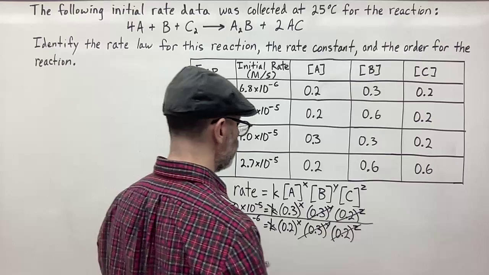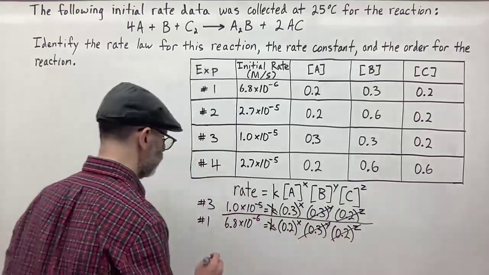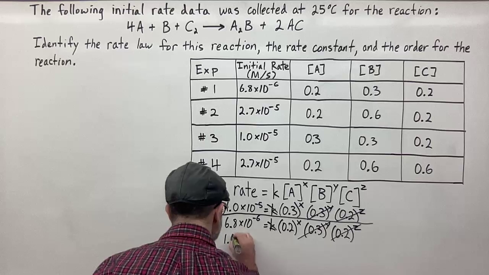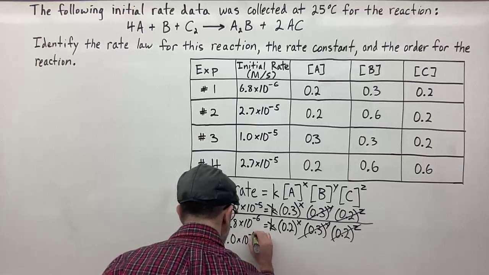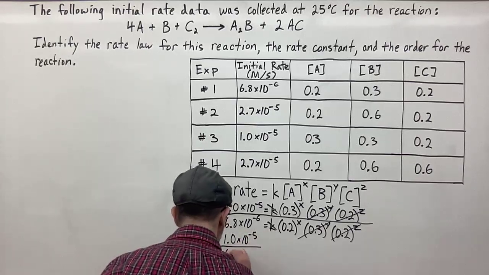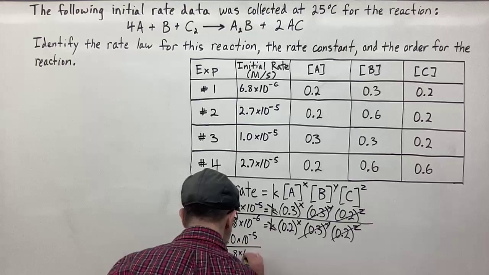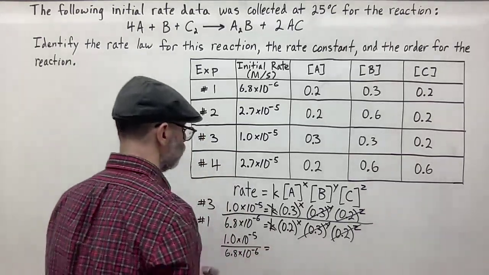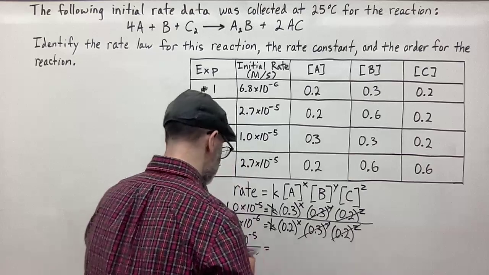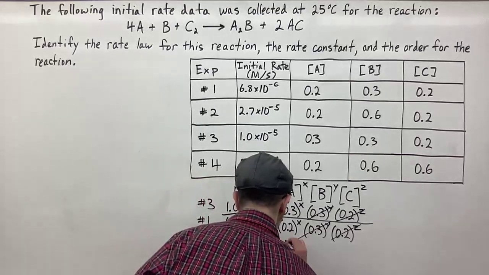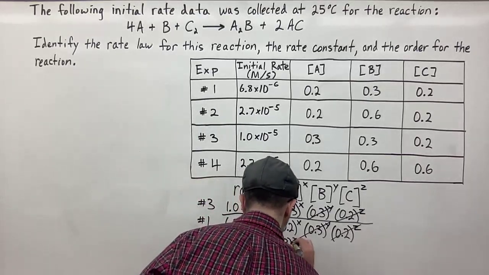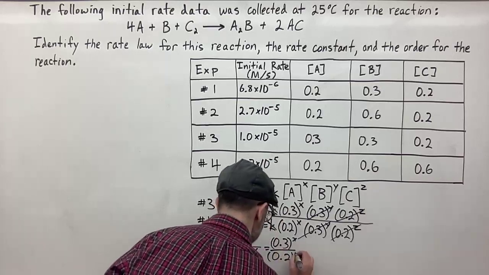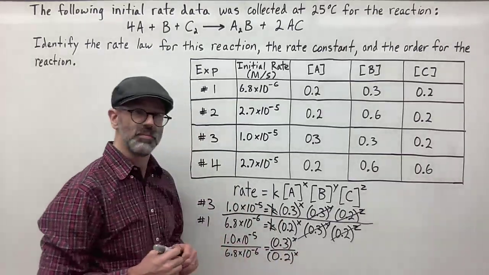So if we rewrite that, we get 1.0 times 10 to the negative 5 over 6.8 times 10 to the negative 6 is equal to 0.3 to the x over 0.2 to the x.